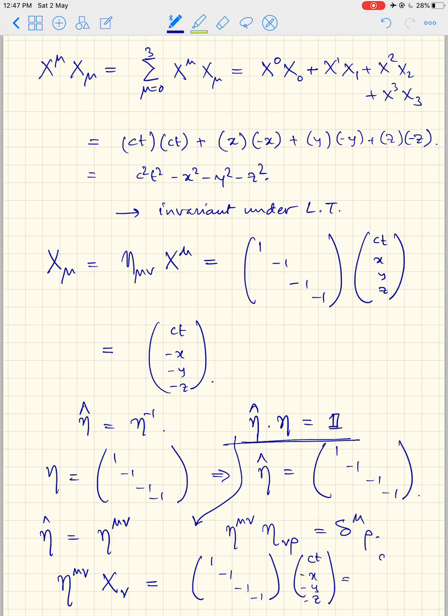If you do this, this is just CT, x, y, z. So you see that this is x mu upstairs, as you saw before. It's very simple, but you need to just keep in mind all these indices going up and down, okay?